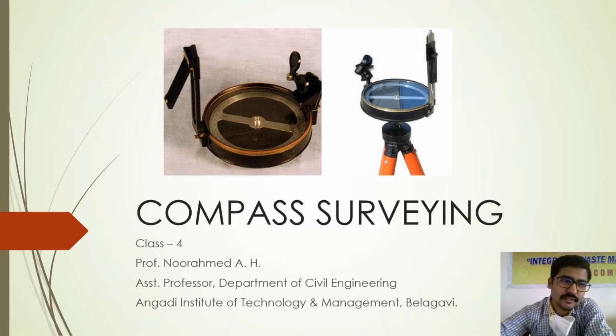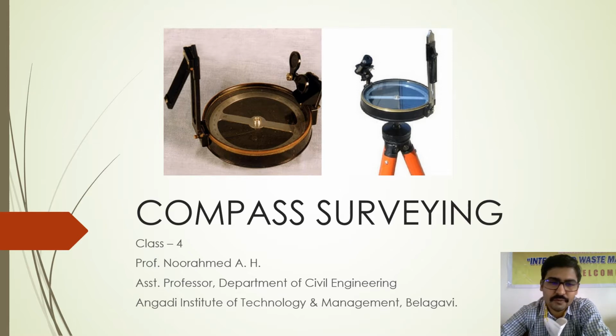Generally for 6 to 8 marks you will get a problem where you will find out bearings when the angles are given, and you will find out angles when bearings are given, right? So I request all the students to practice a few more problems taking the exercises from the textbooks, or you can even refer to some question papers and find out the solutions for those problems.